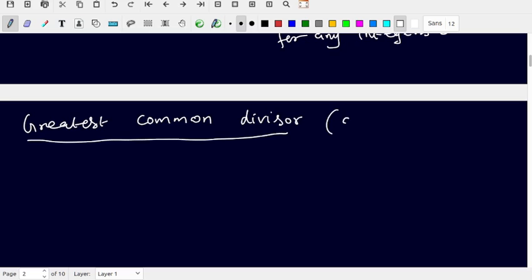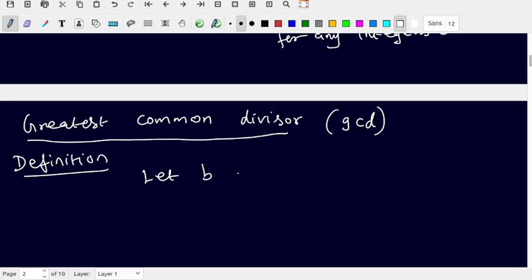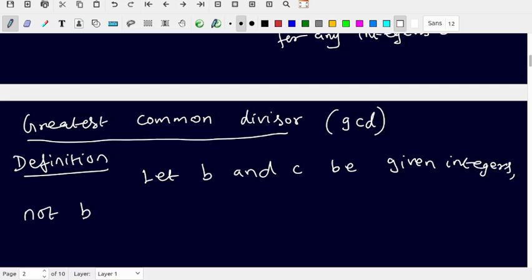It's a definition. Let B and C be given integers, not both 0. If both are 0, we will write that in the next note case.